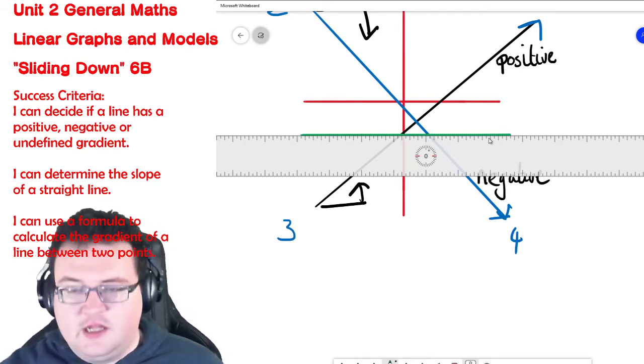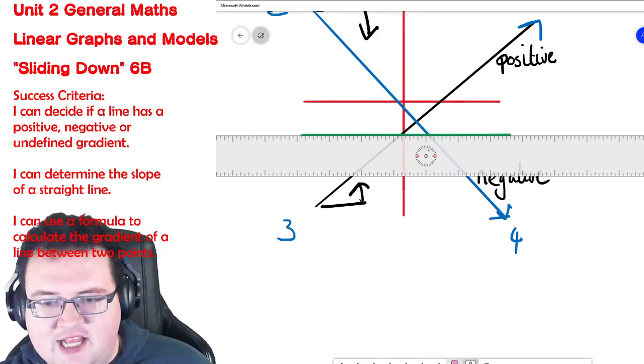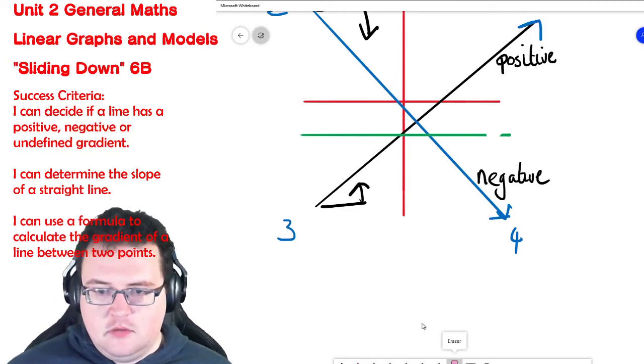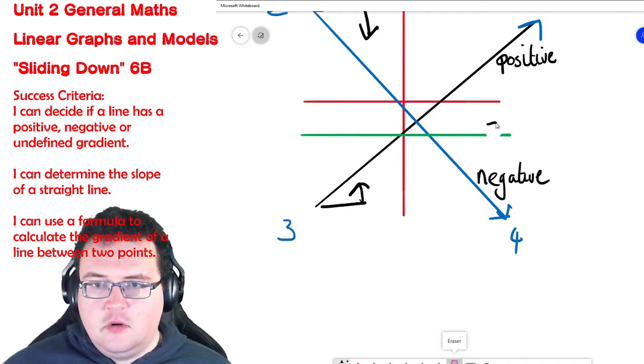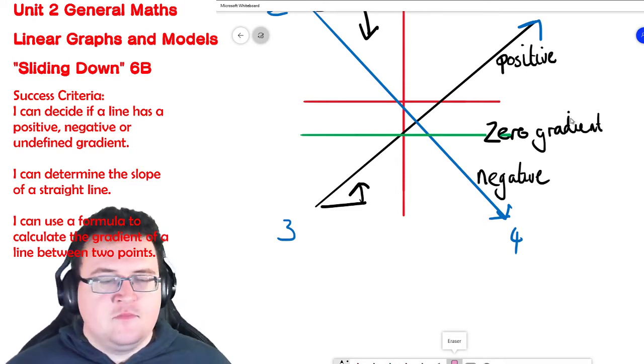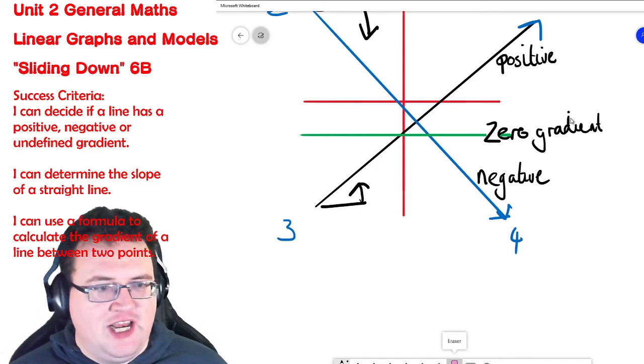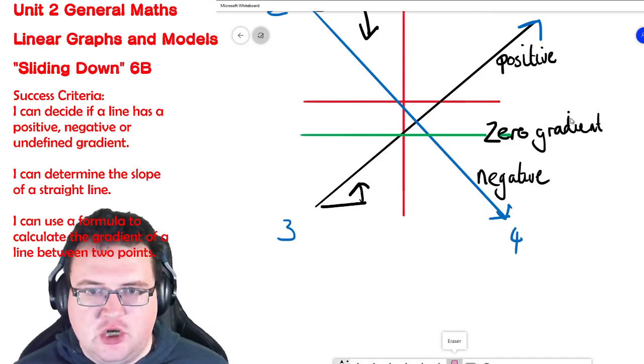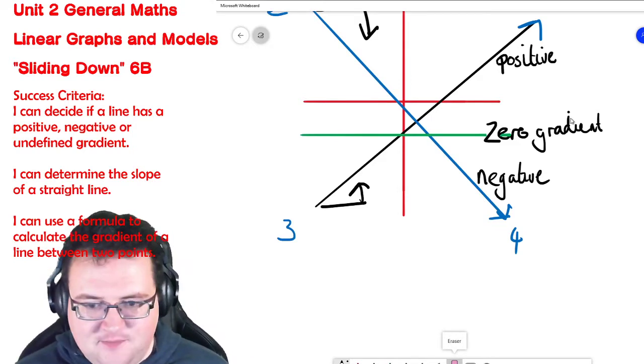Like this green line has a gradient of 0. All right, it has 0 gradient. As it moves from left to right, it doesn't go up, it doesn't go down, it stays flat.